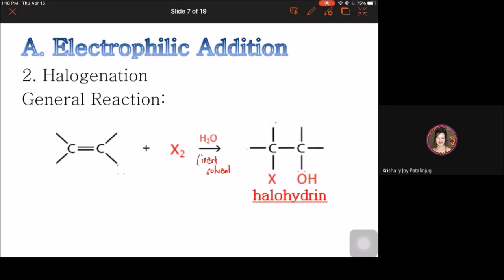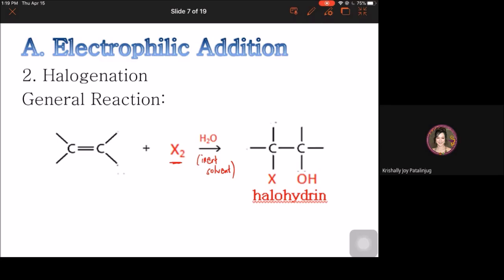So the major product that will be produced is different. Again, when it is water, this is another solvent, water, and it is inert because it gives no chemical reaction at the reactive site of the alkene. What will still be added is the halogen, the halogen gas.